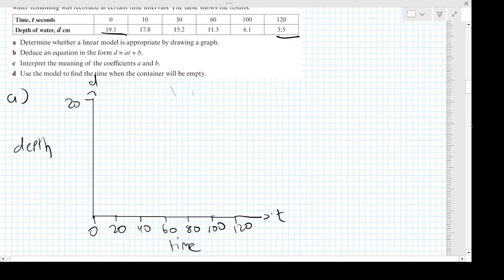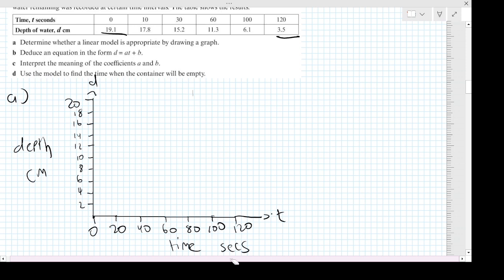You can include the units if you want to be very specific, centimeters and seconds, but as long as you've got the gist of it. So it goes up to 20, so 2 would be there. Let's go up in 2s: 4, 6, 8, 10, 12, 14, 16, 18, and 20. Okay, so our axes are drawn.